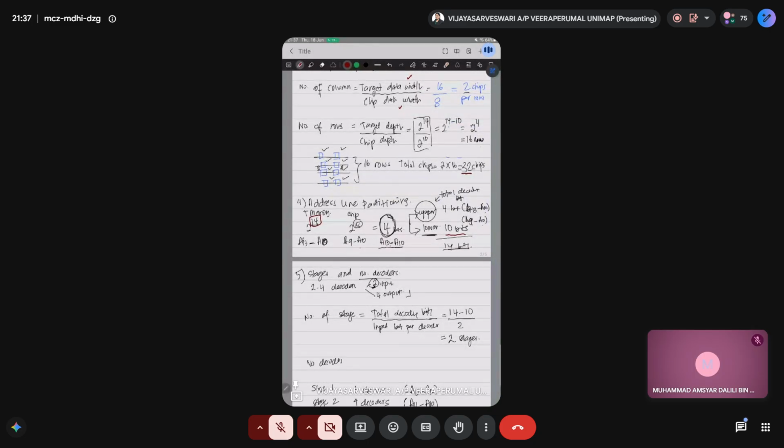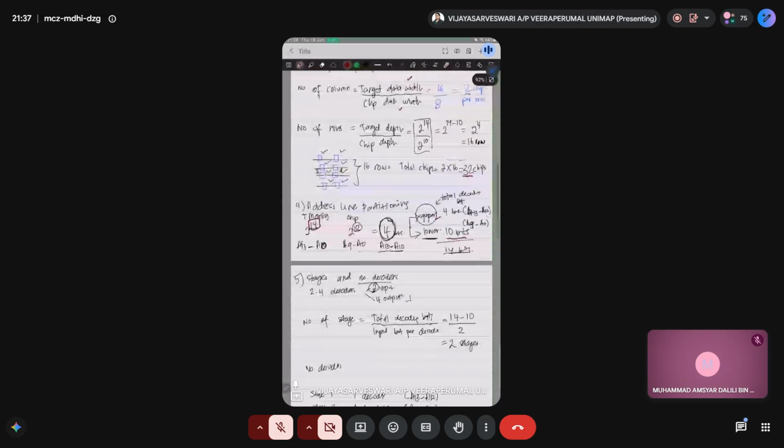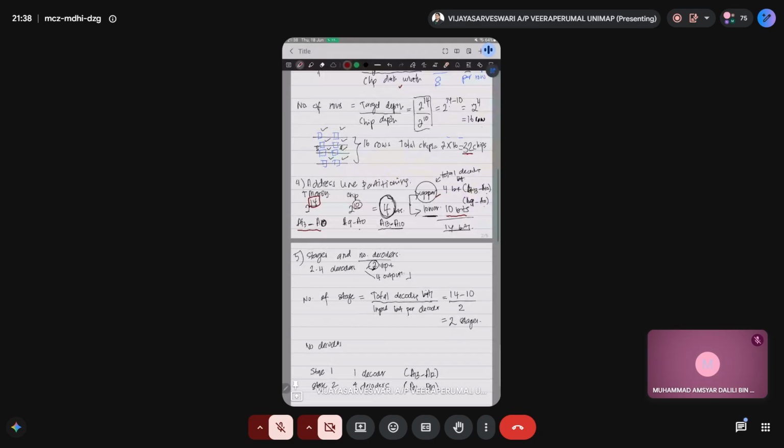So 14 minus 10, how many remain? Only 4 bits. So for the upper part you will take 4 bits. So you will have 4 bits and 10 bits, A13 to A10 and A9 to A0. In total you will get from A0 until A13. Total you will get like this.